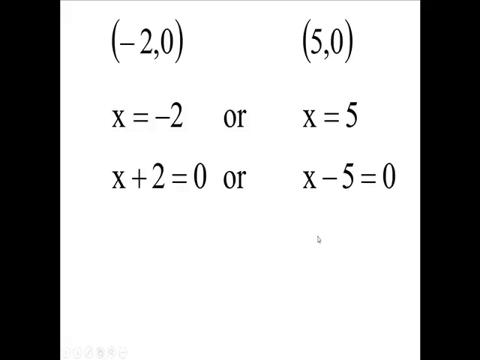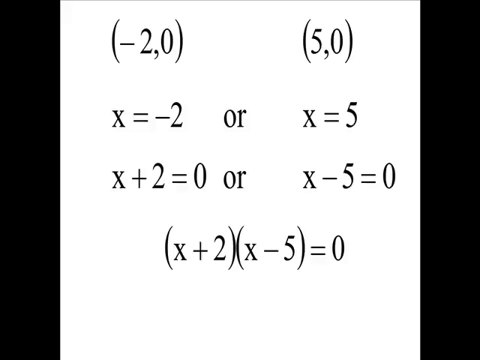Now, my quadratic function, since the x-intercepts are -2 and 5, you end up with x plus 2 equals 0. If x plus 2 equals 0, then 0 times whatever this is is 0.